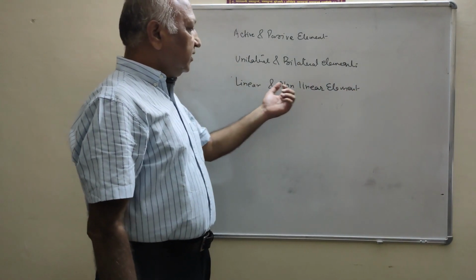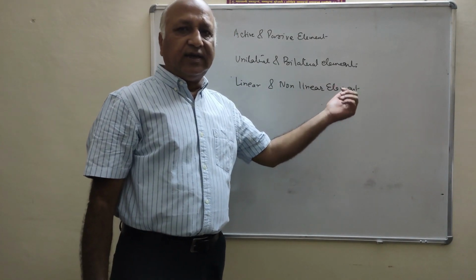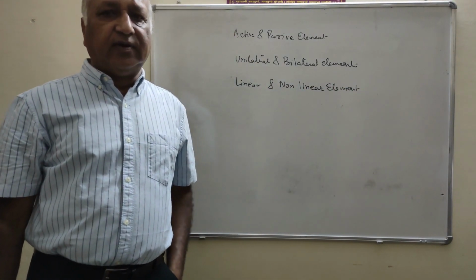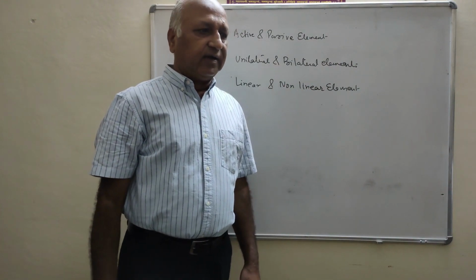And linear is resistance, and the non-linear elements are the diode, triode and transistor. Clear?